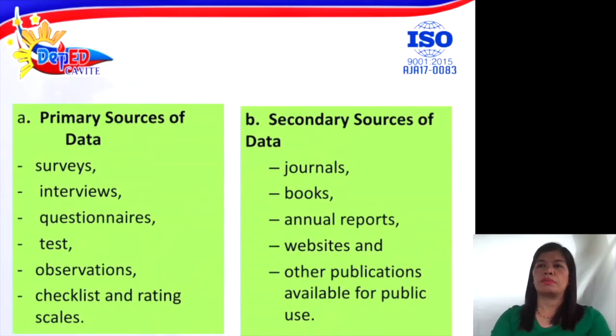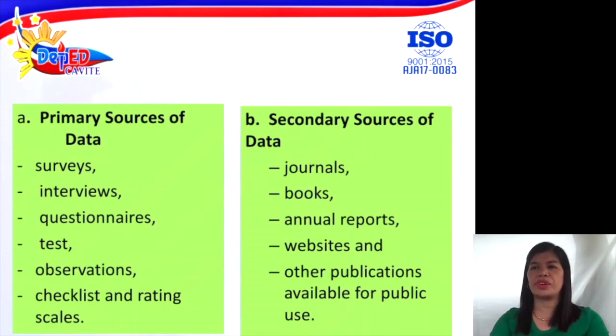Data can be classified into two according to its source: the primary sources of data and the secondary sources of data. The primary sources of data are collected by the researchers through first-hand sources, for example surveys, interviews, questionnaires, tests, observations, checklists and rating scales.